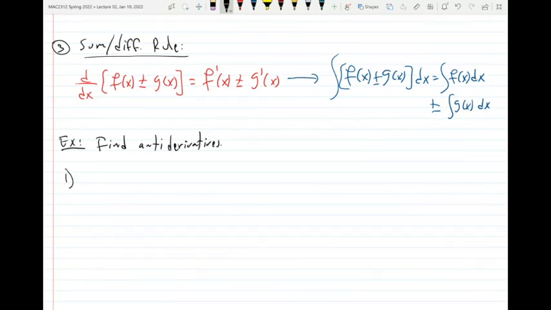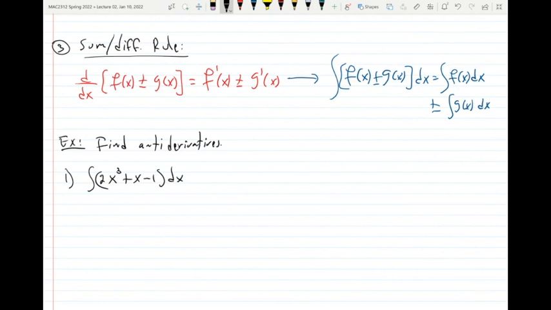Let's do something straightforward first. Let's find the integral of 2x cubed plus x minus 1 dx. All right, so here is a degree 3 polynomial, right? And we want to find this indefinite integral.